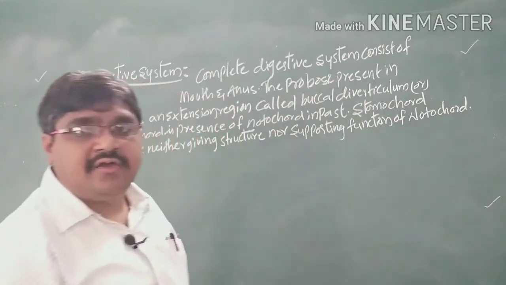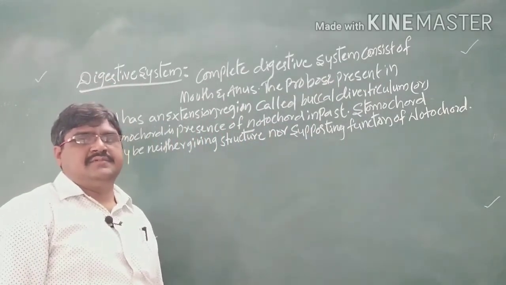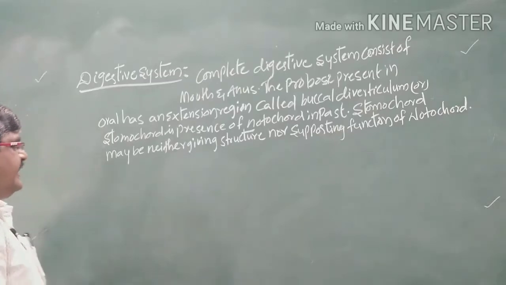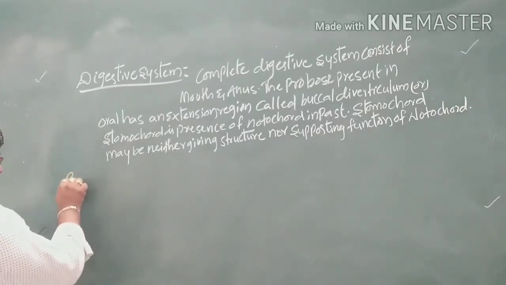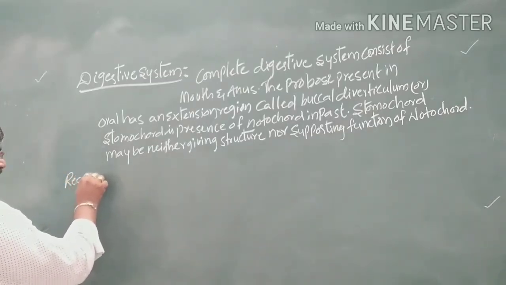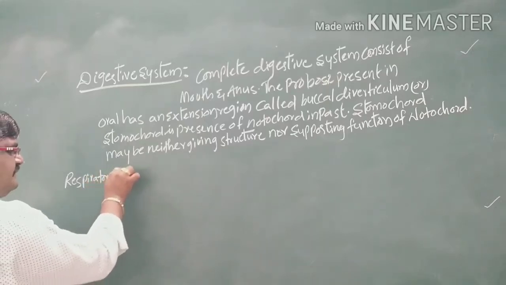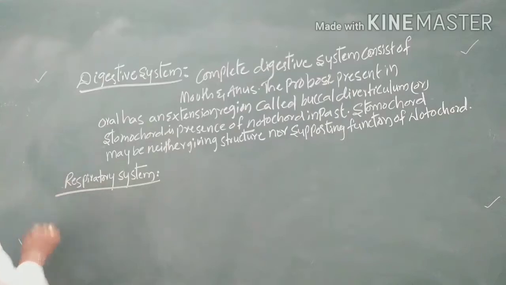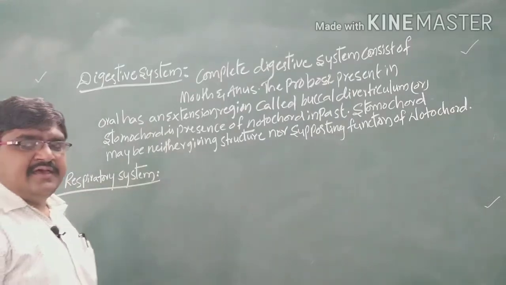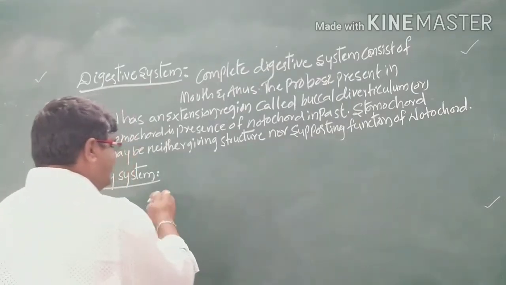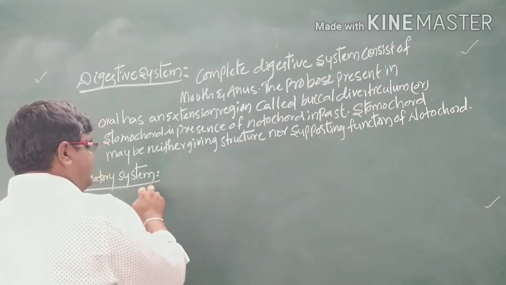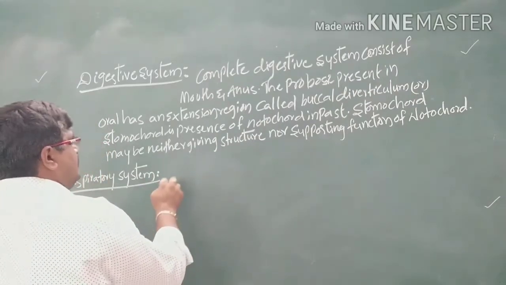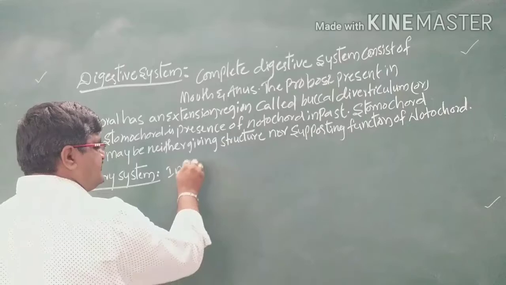Functioning of a notochord. Next, coming to the respiratory system. Here we have numerous pharyngeal gills present in hemichordates.